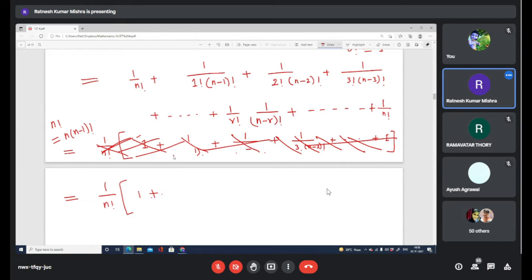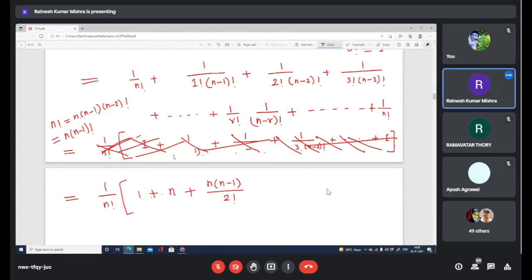So factorial n minus 1 and n minus 1 cancel, so this is the 1, correct? Now in the second one, factorial n is n into (n minus 1) into (n minus 2) factorial, so (n minus 2) factorial cancels, so n minus 1 by factorial 2.